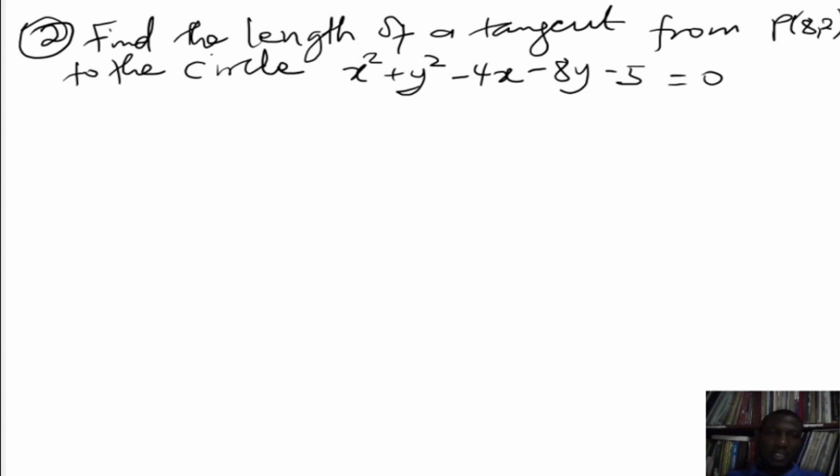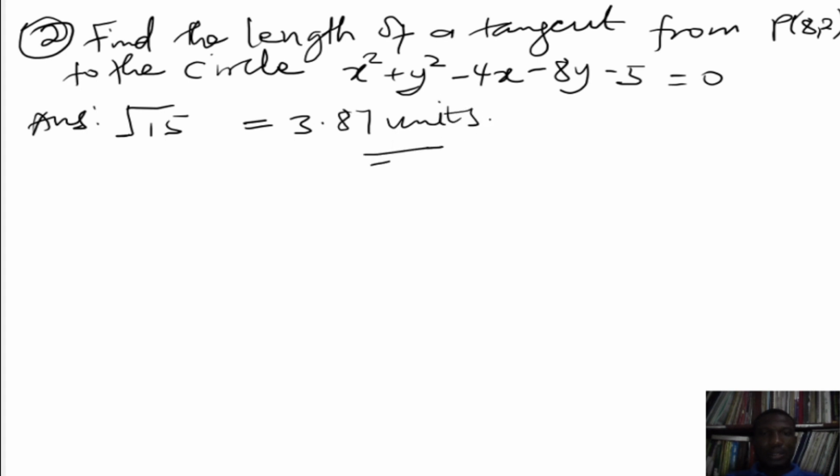And if you work it out well, your answer should be the square root of 15, which, for those who would like to change it to decimals, is 3.87 units. That will be the length of the tangent joining this circle and the point P.